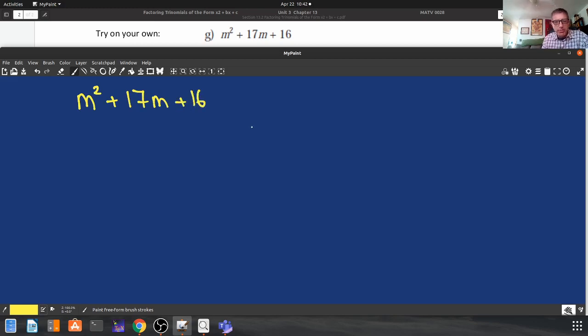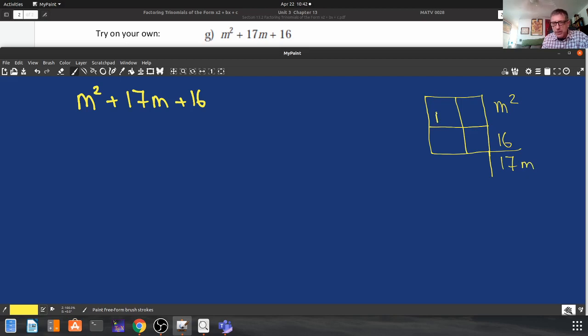Once you practice this a lot, when the polynomial is monic, meaning its leading coefficient is 1, you get kind of good at this.